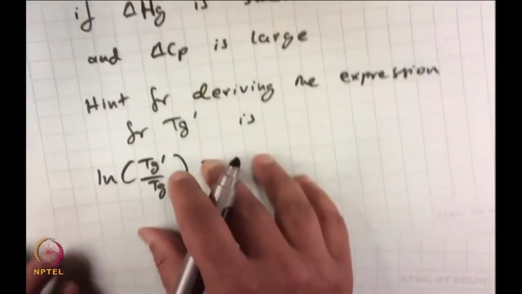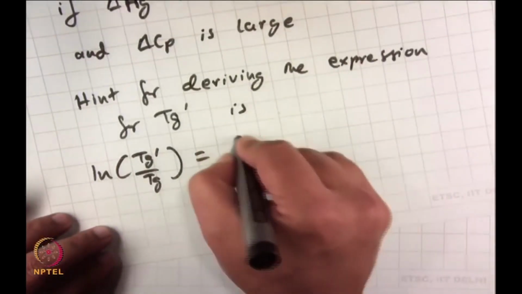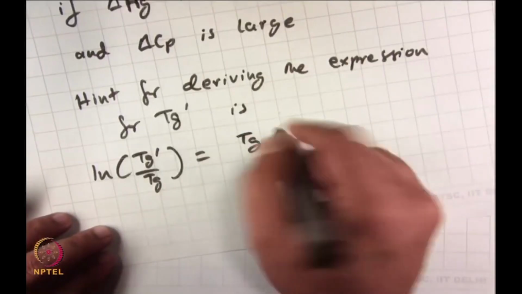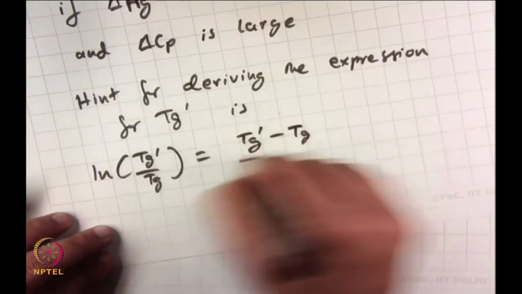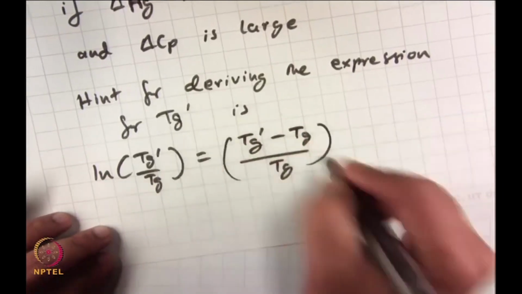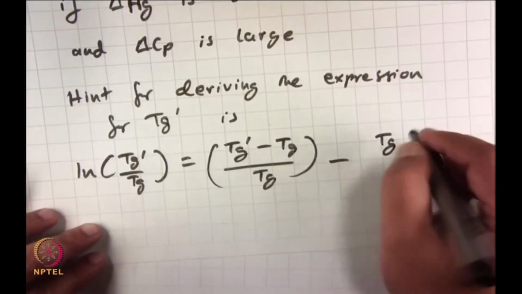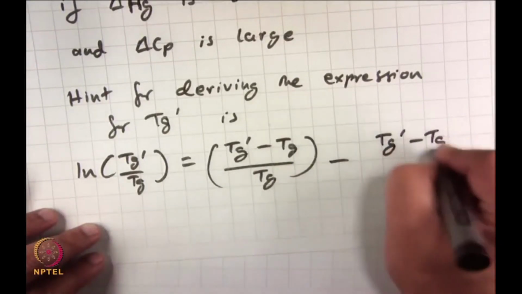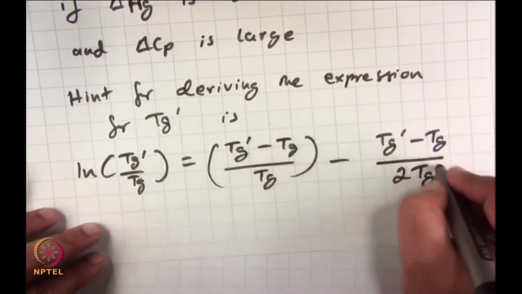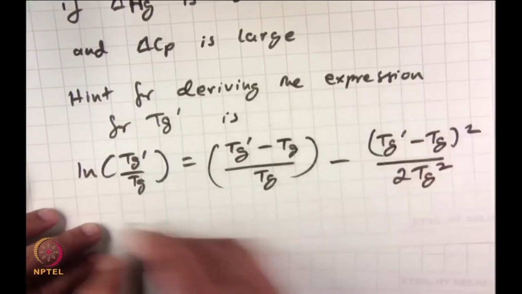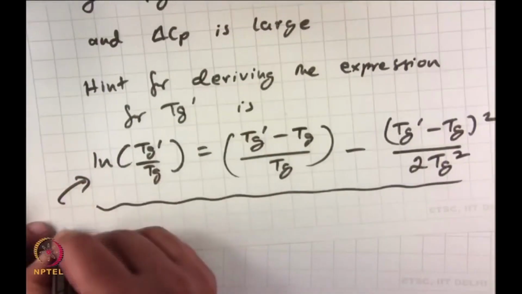I am giving you the expression for this. So, this is Tg, minus Tg prime minus Tg over Tg, minus Tg prime minus Tg over 2 Tg, so this is squared and this is squared. This is the approximation you are going to use.